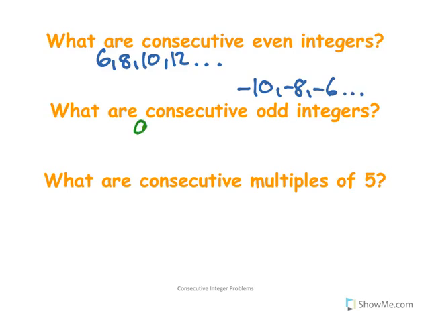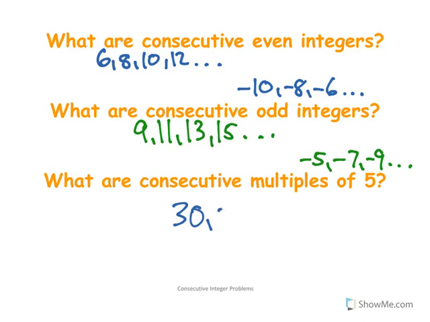Well, we can say like 9, 11, 13, 15, or we can say like -9, -7, -5. What are consecutive multiples of 5? Well, we could start anywhere, right? So I'm going to start with 30, 35, 40. And really, I could have started with 5, 10, -5, -10, 0. 0 is a multiple of any number.